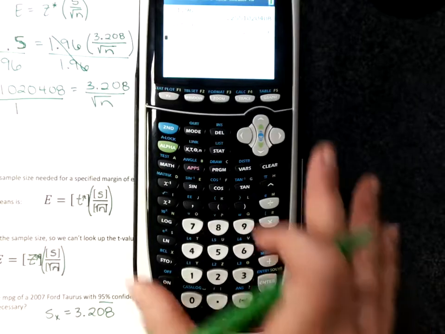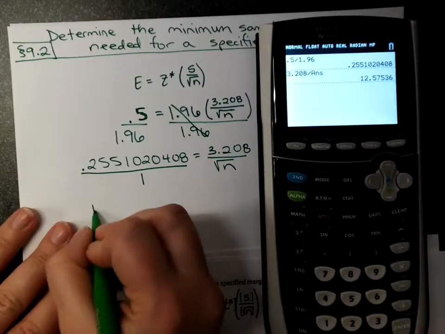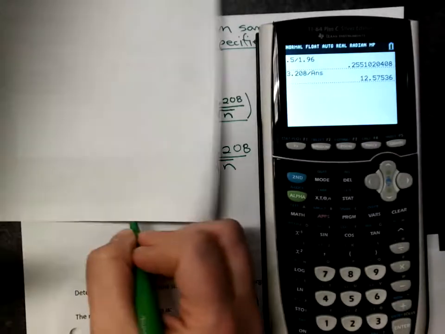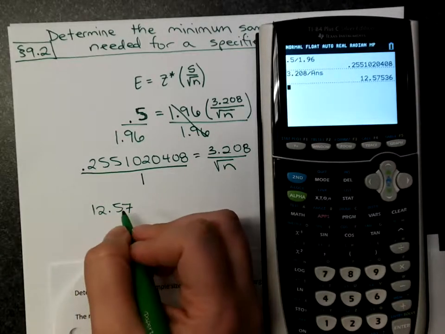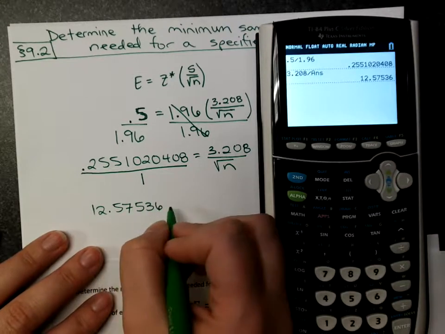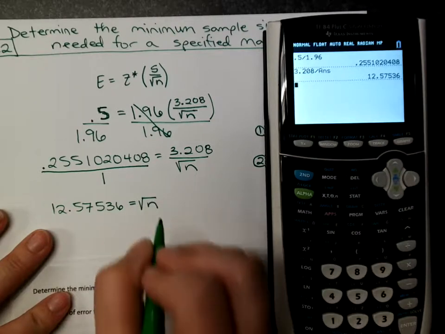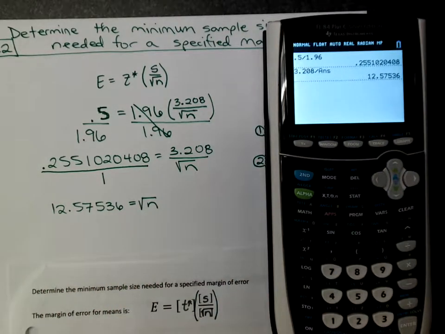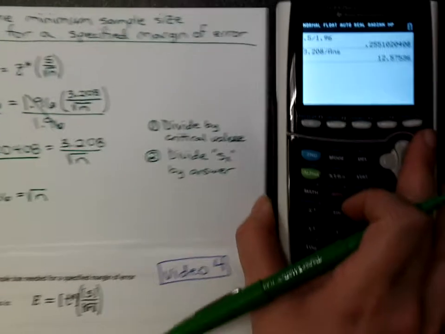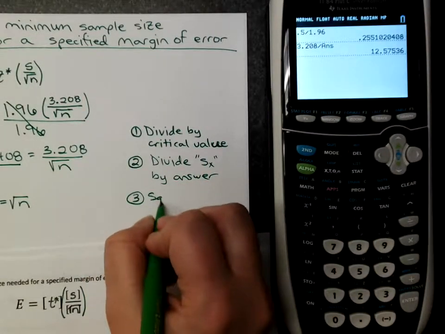So when you do that, again, you get a crazy decimal. So you have 12.57536 equals the square root of n. So however you get there, that's where you should get. And then the next step is to square it.